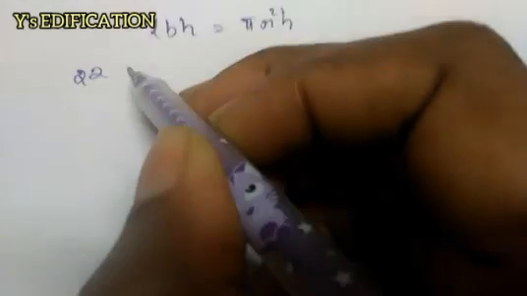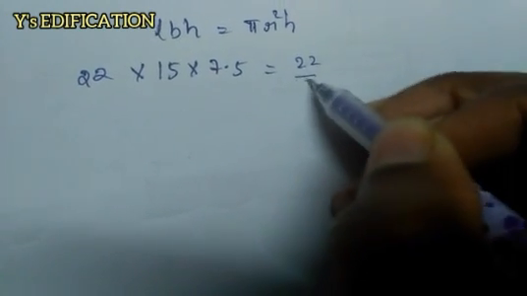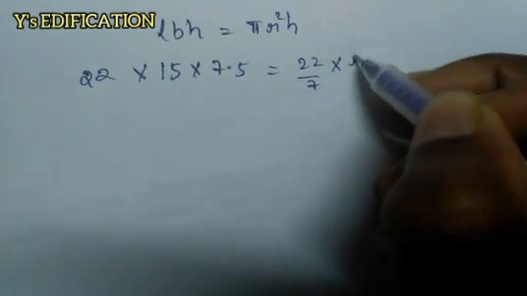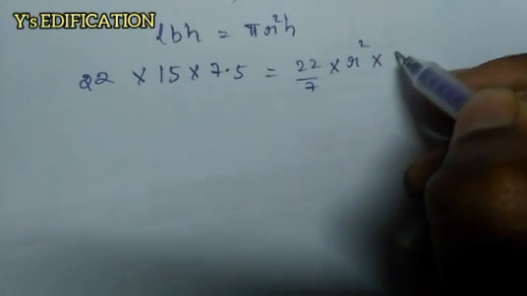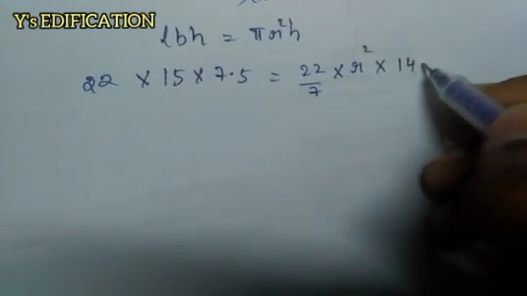Okay. So what is the volume of a cuboid? LBH. The volume of the cylinder is pi r square h. Now we have to substitute the values. 22 into 15 into 7.5 is equal to 22 by 7 into r square into, what is the height of the cylinder? 14.